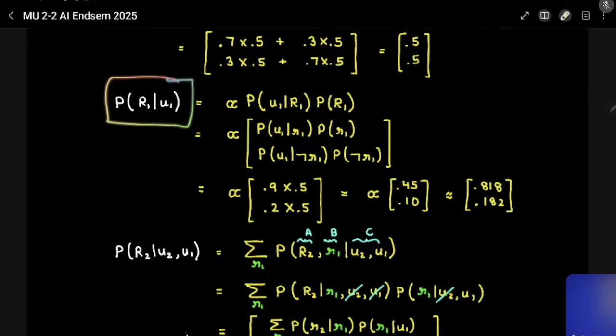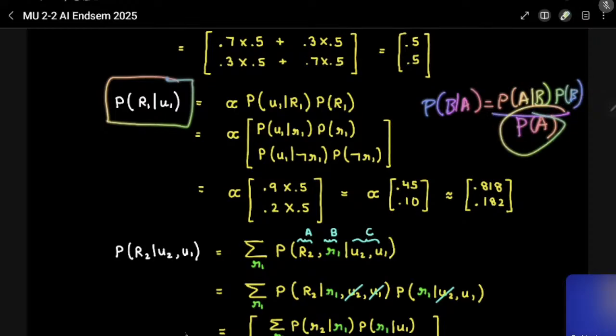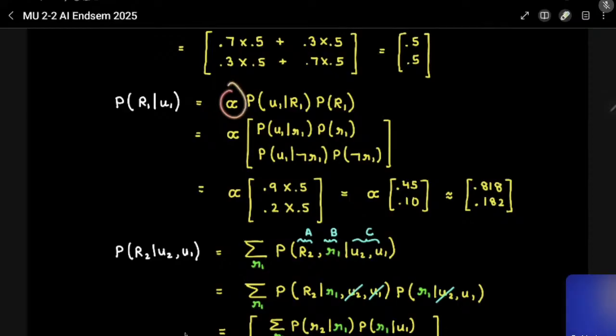Here we applied Bayes' rule. Probability of B given A is nothing but probability of A given B times probability of B, divided by probability of A. This 1 by probability of A, I am simply writing it as alpha. Here in this case, it will be a normalizing constant because we'll be getting a vector of probabilities.